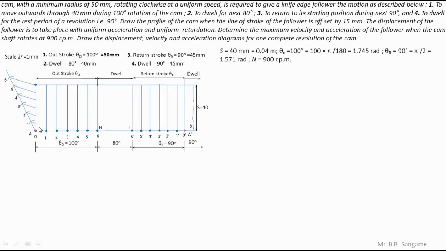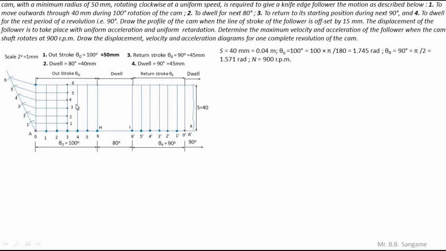I will draw the horizontal lines and divide the vertical third line into 6 equal parts. So this is the first, second, third, fourth, fifth, and this one will be 6. If you consider this as 0, this will be first, second, third, fourth, fifth, and sixth.